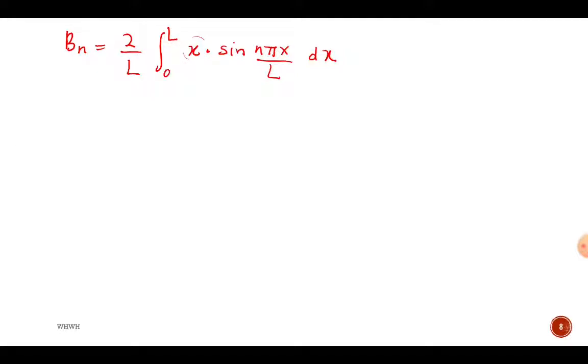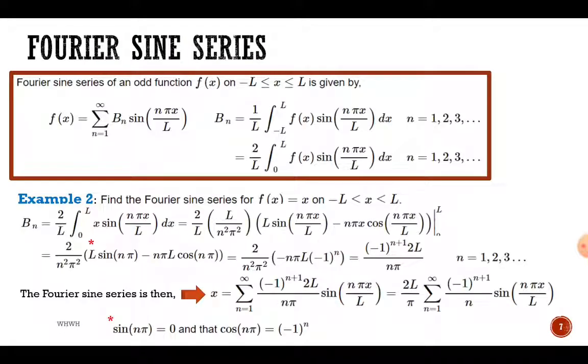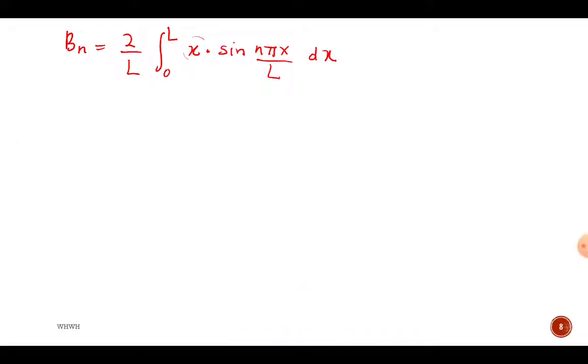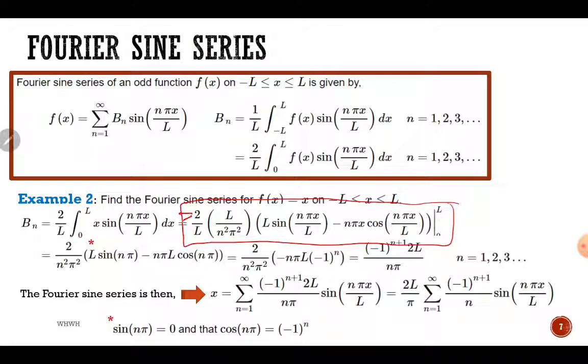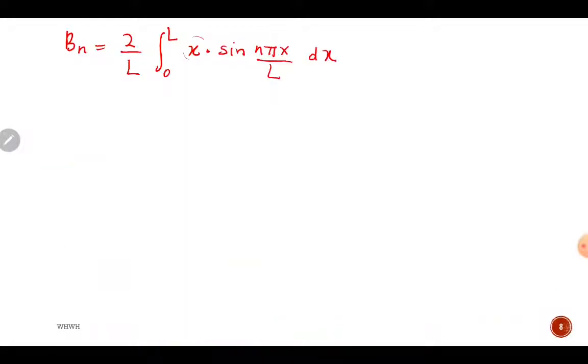Okay, so if you look at this function, x sin n pi x over L, to solve this integration, if you look in this solution, it directly gives the answer. It is not really as straightforward as this, because this one actually needs integration by parts to solve. So if it happens in an assignment, quiz or test, you have to show all the full steps, how you get the final answer that is the same as the answer given in these notes.